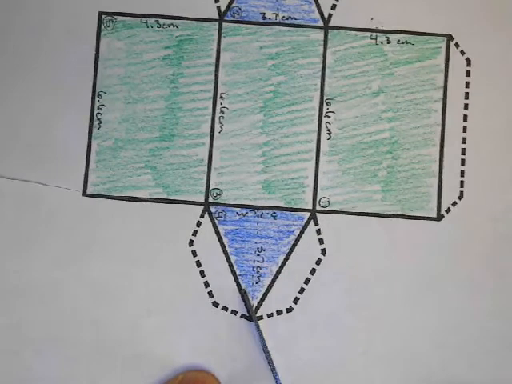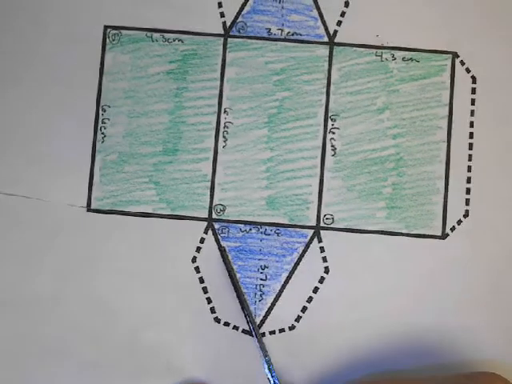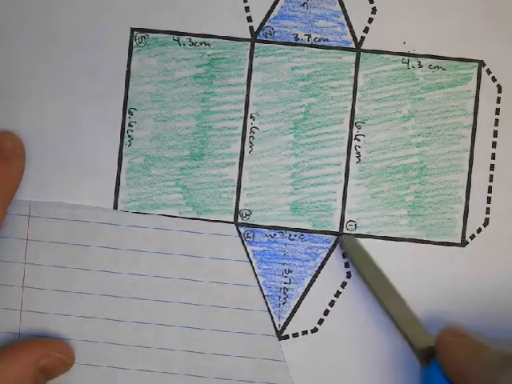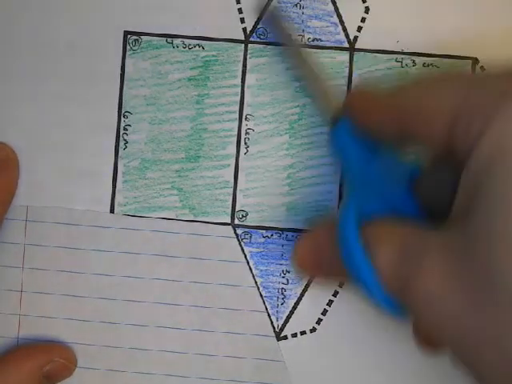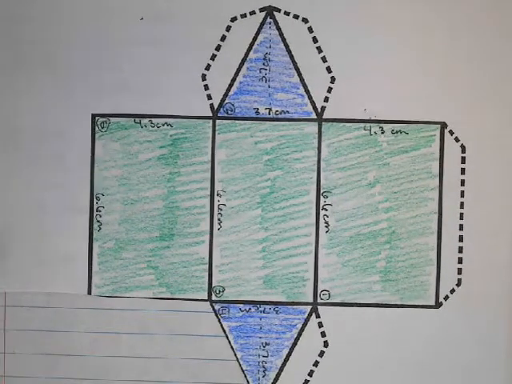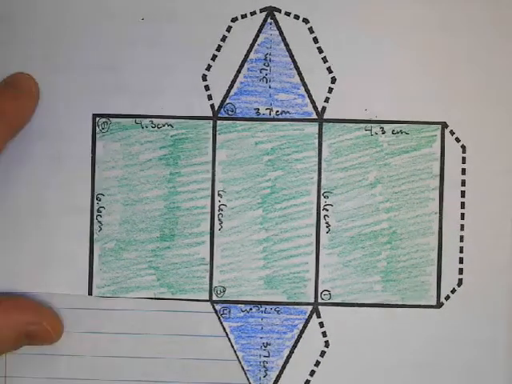So I'm cutting along the solid black lines along the outside like that. I'm going to do that all the way around the edge. So go ahead and pause right here and cut along the outside and the solid black lines.